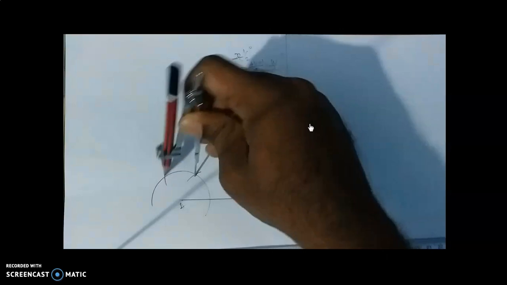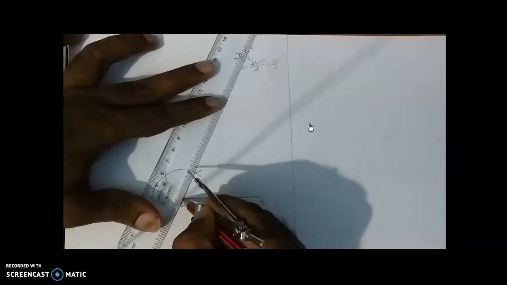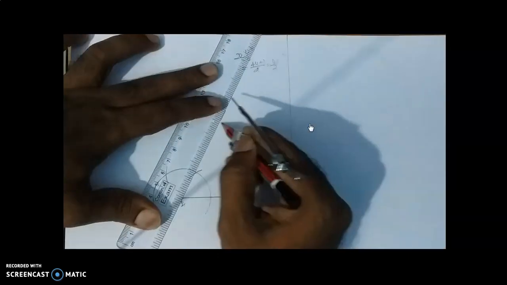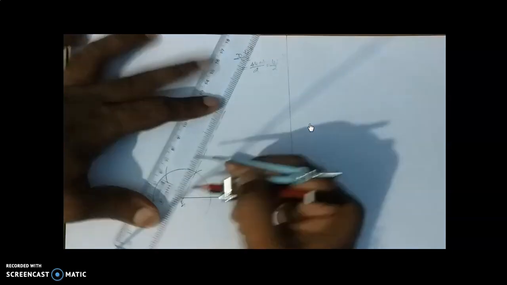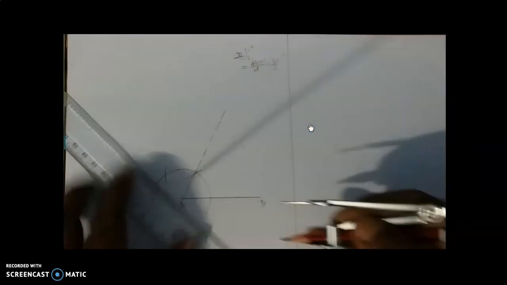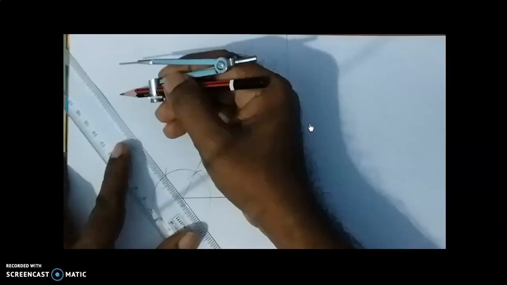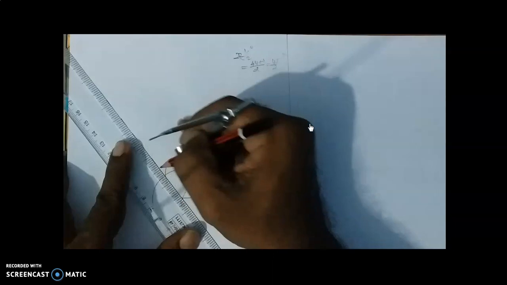So this arc from A is nothing but 60 degree, and then this angle is 120 degree. So this one is 60 and this one fully 120.